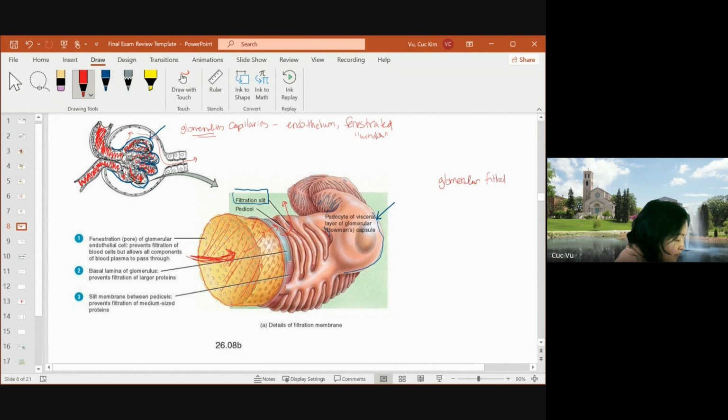A test question might be, what is the glomerular filtration membrane composed of? You tell me, what's the first thing the blood has to move through?